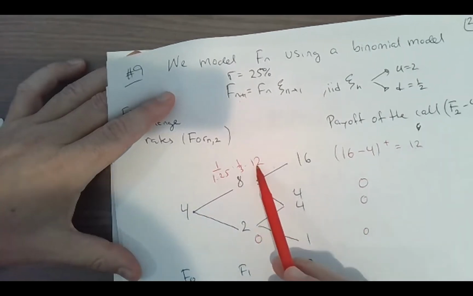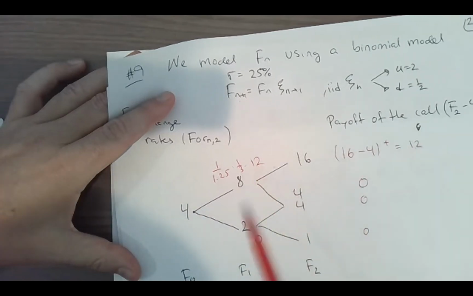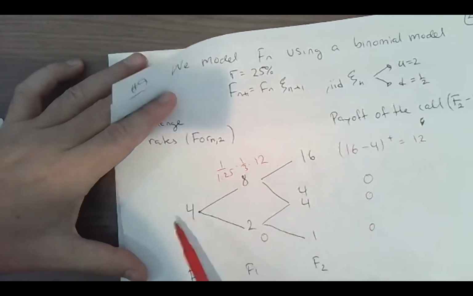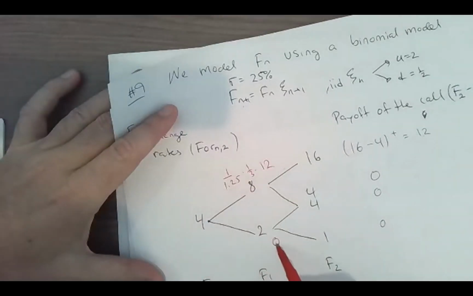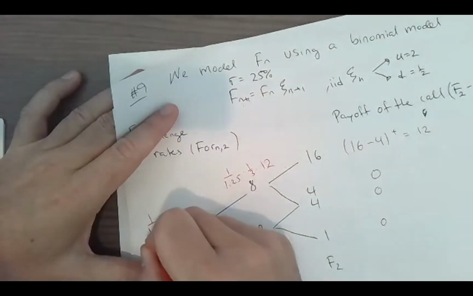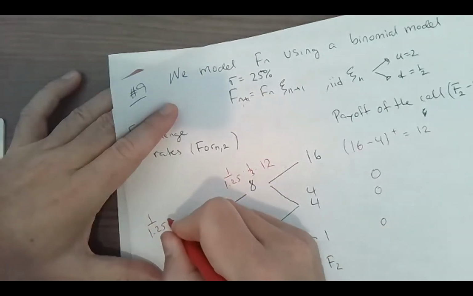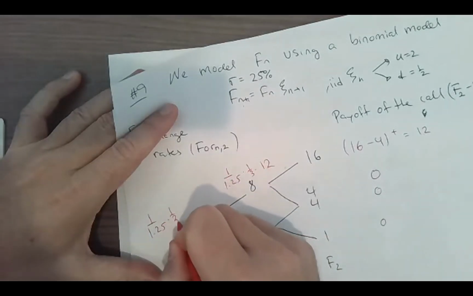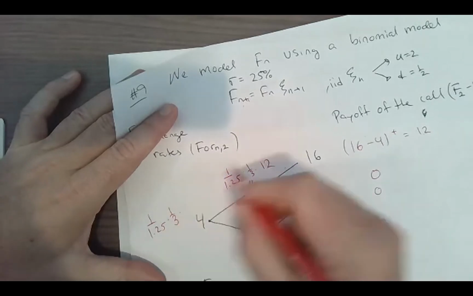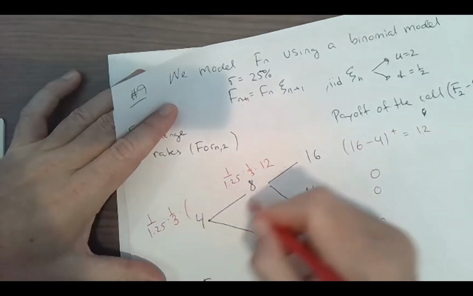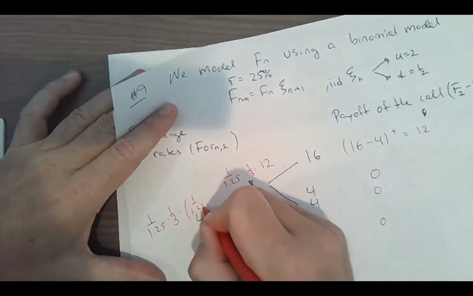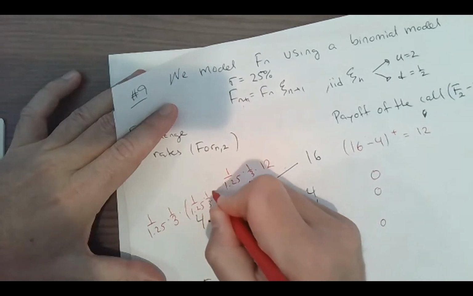So this is the price of that payoff for that time 1. We roll it all the way up to time 0. So we're going to get 1 over 1.25 times a third times whatever we have here, 1 over 1.25 times 1 over 3 times 12.